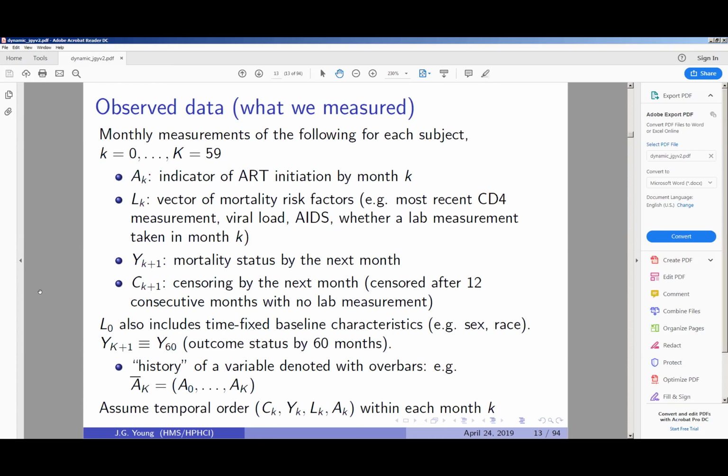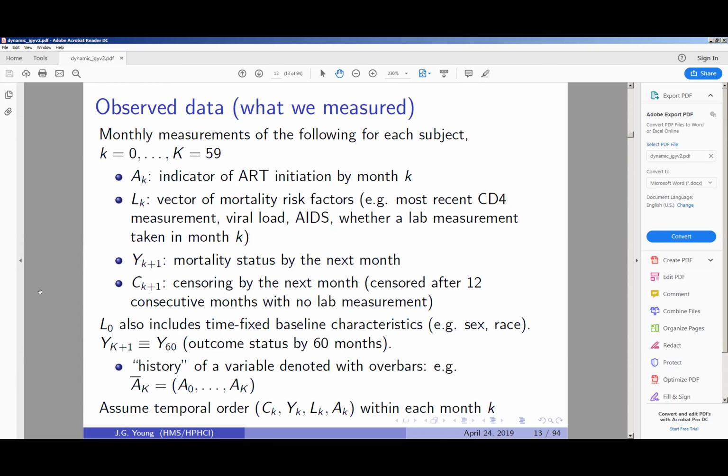L0 here, which is the measurements of the mortality risk factors at baseline, also additionally includes time-fixed baseline characteristics like sex, race, baseline age, and even the calendar year in which they meet eligibility criteria. And we're also going to use notation for YK+1, which is the indicator of mortality status by the end of the follow-up of interest.